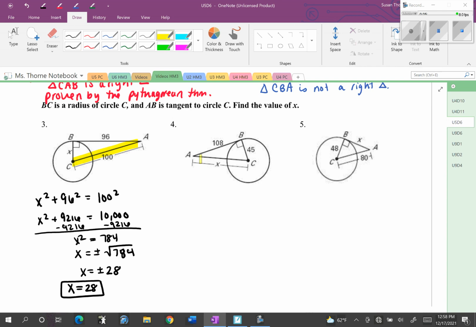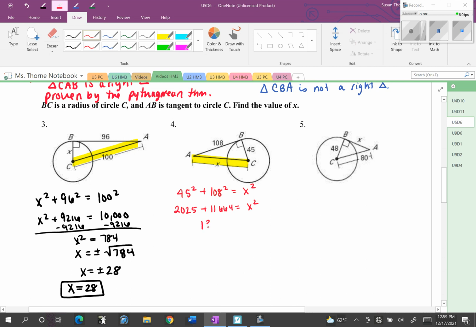So looking at question 4, you can see that right here, that is the hypotenuse. So we have 45 squared plus 108 squared should be equal to x squared. So 45 squared is 2,025 plus 108 squared is 11,664 equals x squared.